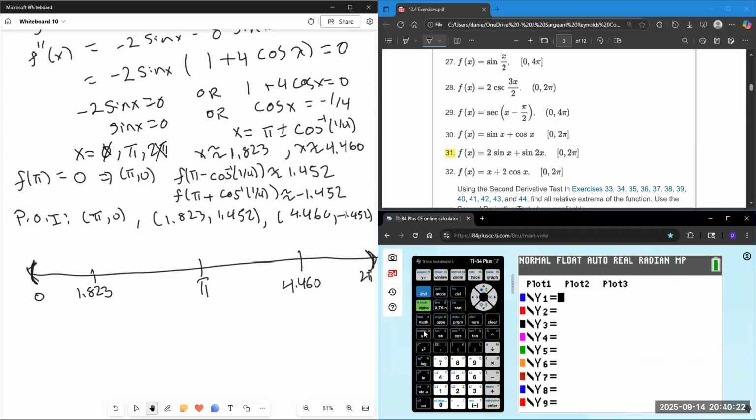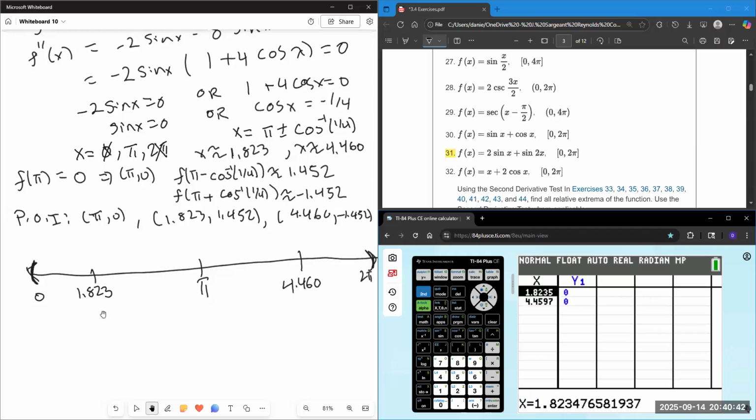So let's go ahead now and go into my second derivative equation, which is what I was starting to type in before. I just wasn't ready for it yet. Something between 0 and 1.8 something, I'll pick 1, and that's negative, and concave down.